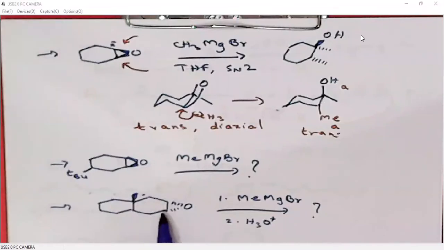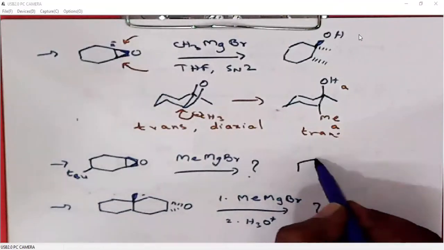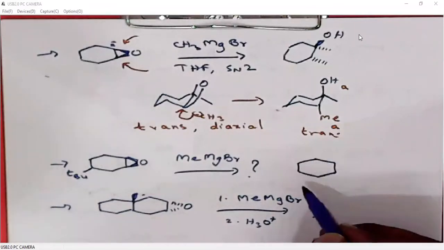Then you try which carbon will give you the axial approach. I'll give the products. You practice with the chair conformation.